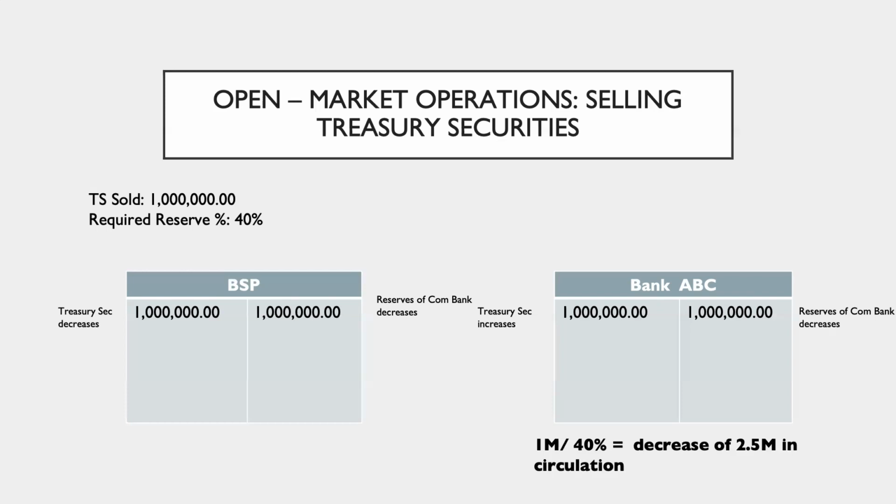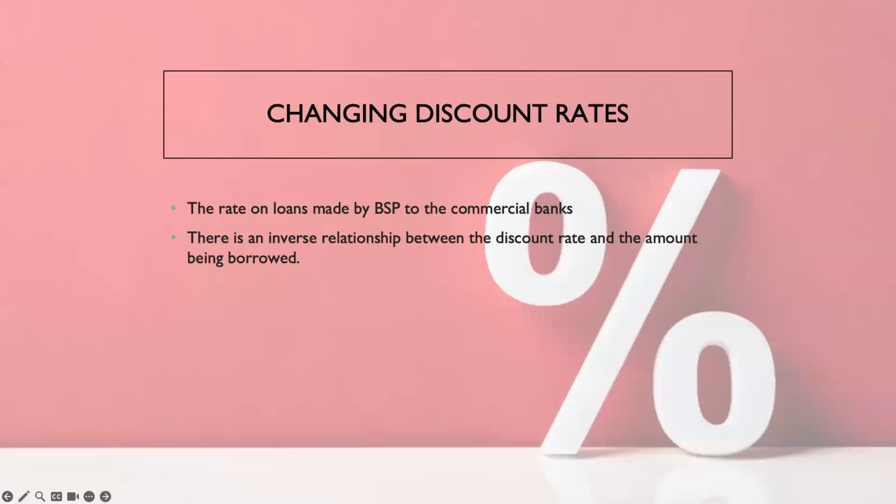All right, so I hope that is clear. So that is open market operations as engaged by the central bank and a reinforcement of the RRR, or the required reserve ratio. What is the third method of the central bank in controlling the economy and interest rates?